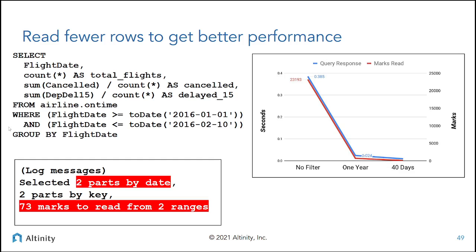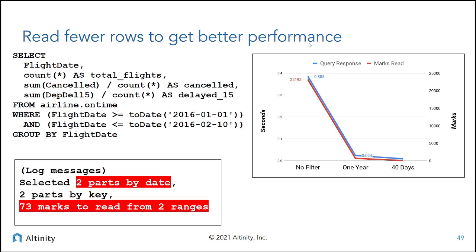Another really simple thing is just to read fewer rows. So here's an example of just using a where clause and we're trying to restrict this down. And basically, for reading a single table like this, or a table where you're joining to some small things, the query performance is going to be dominated by the amount of data that you actually read.